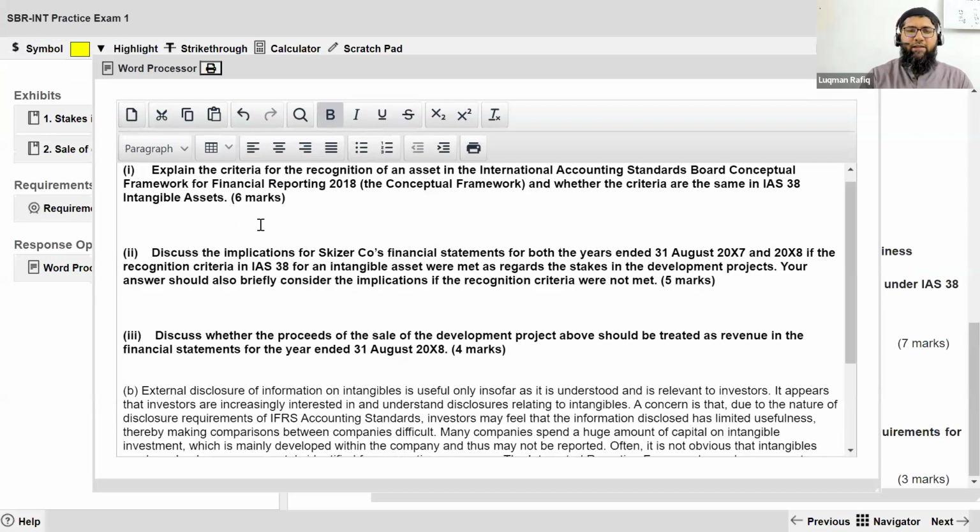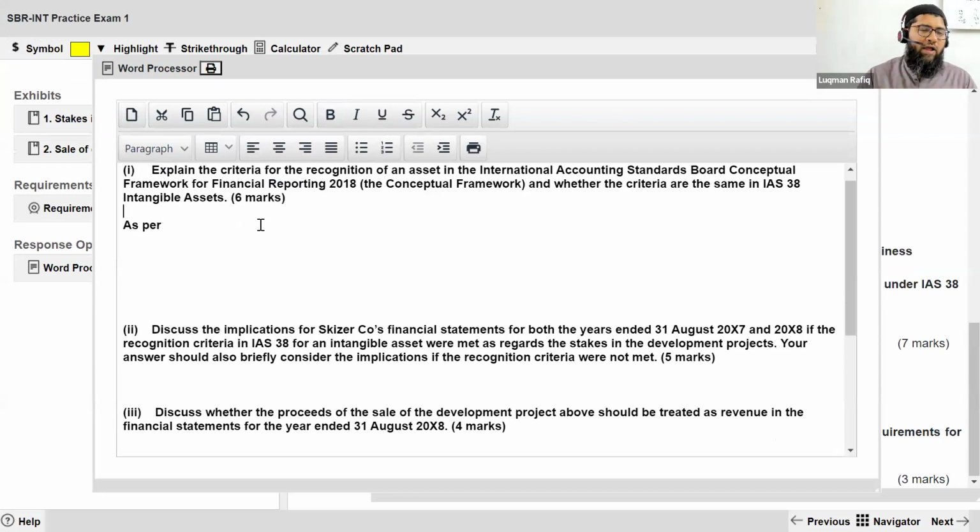See, this is a 6 mark requirement. So even if you don't know about the conceptual framework in the examination, you could still get 3 marks. How? I'm just writing down the answer as if I don't know the conceptual framework. I could say as per IAS 38, an intangible asset is allowed to be recognized if it meets all the following conditions.